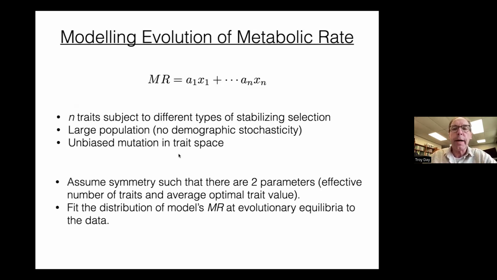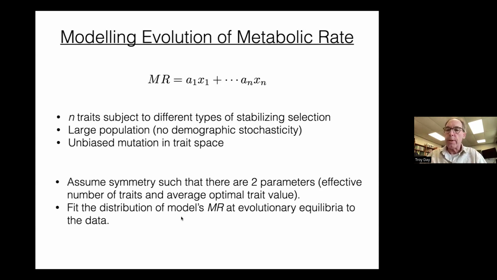I'm going to simplify it a little bit more, and let's imagine that we enforce some kind of symmetry to reduce the number of parameters down to basically two effective parameters. One is the number of traits that are involved, and the other is an average optimal value of the trait. Then you could let this model go. You could try and analyze it, or build a simulation and run the evolutionary dynamics on it.